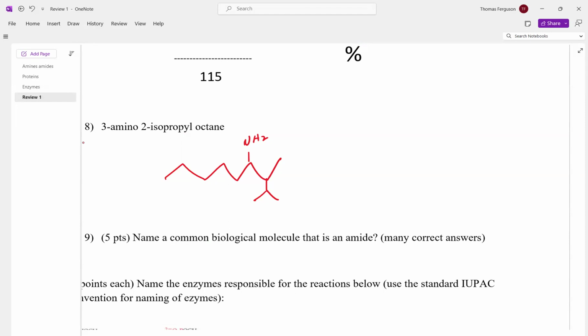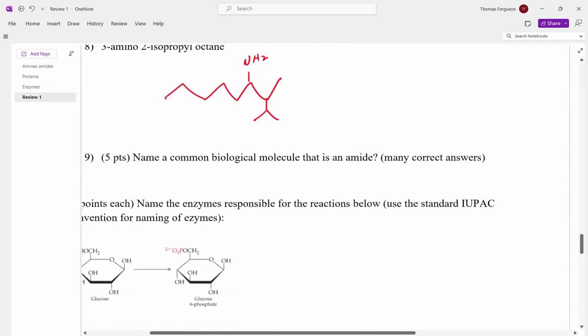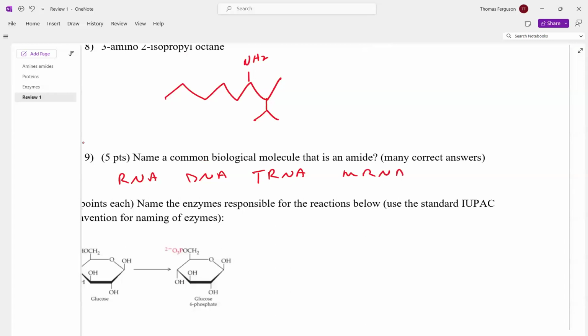The isopropyl is going to be on carbon number 2. Common biological molecule, that's an amide. Oh, what else? Insulin.